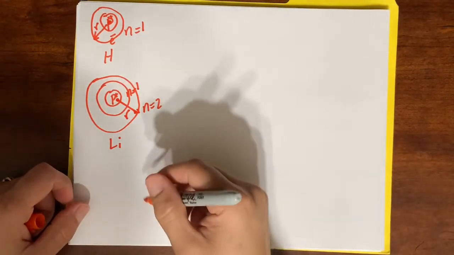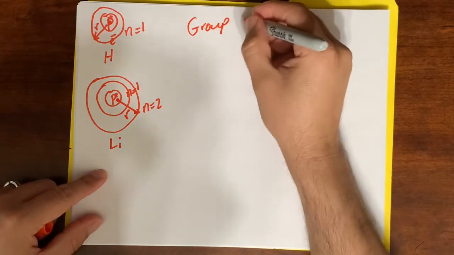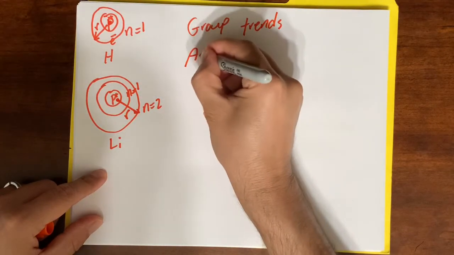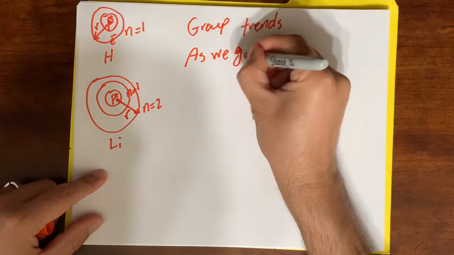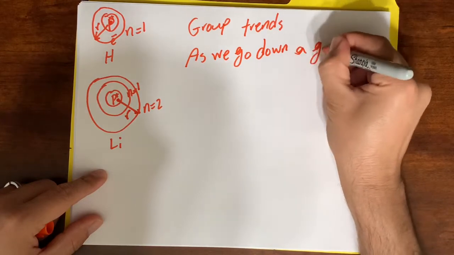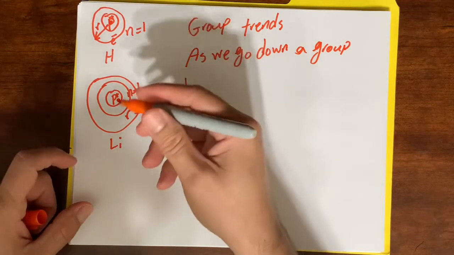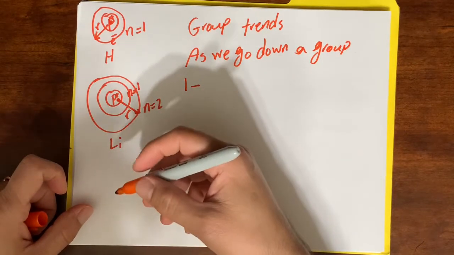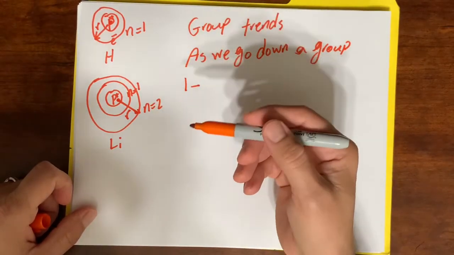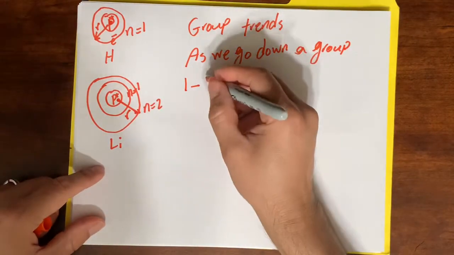So we need to write this one. As we go down a group, first we are adding layers. Okay, so I can say number of layers or number of shells are going up. So I'm going to say we are adding layers to the system.